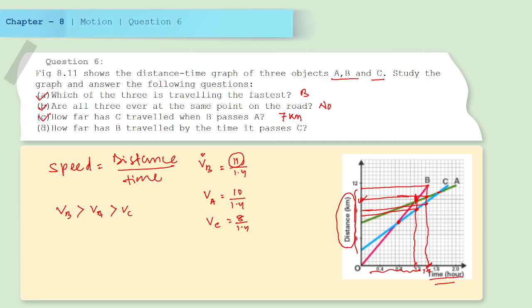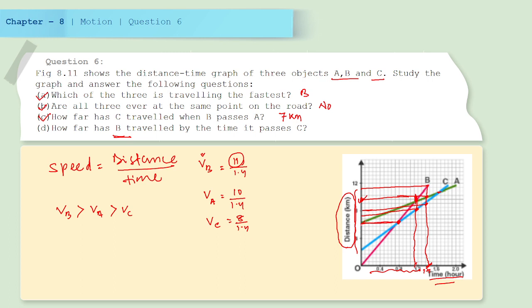Now the last question is how far B has traveled by the time it passes C. So where is B passing C? B is passing C here. Now the question is how far B has traveled when it passes C. So now join a perpendicular to the distance axis.